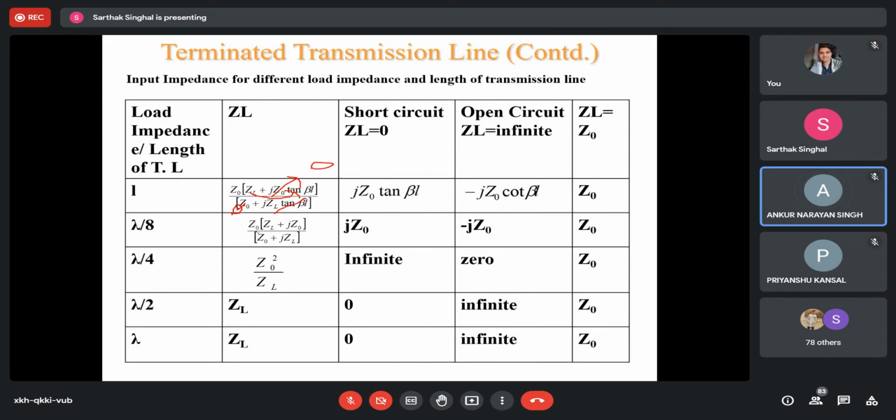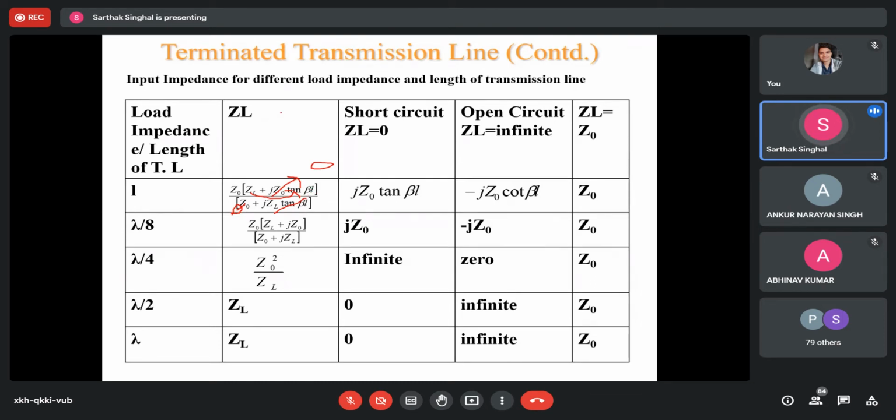And these are the other cases in which we are now varying the length of the transmission line. So if the transmission line length is lambda by 8, that is 1/8 of the wavelength of the signal, then what will be the value of tan beta L in that case?